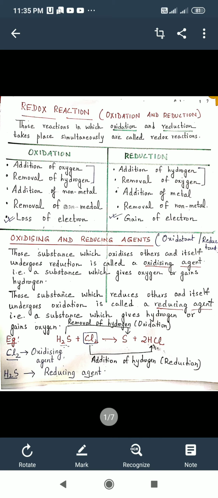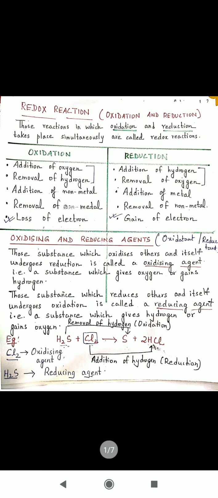The classical concept says that oxidation means addition of oxygen and reduction is addition of hydrogen. Suppose we are adding oxygen to carbon and heat it, you get carbon dioxide. As we are adding oxygen to carbon, this is an example of addition reaction.